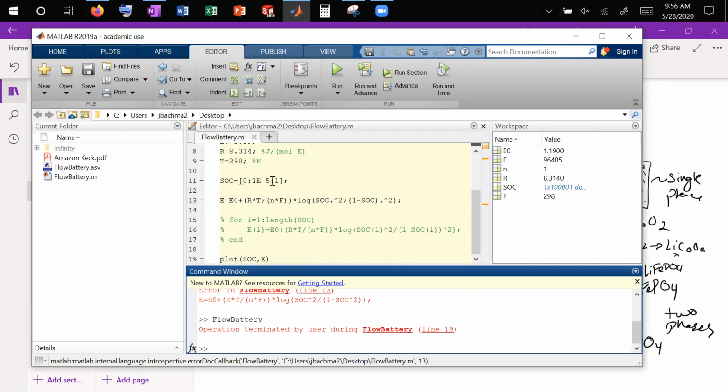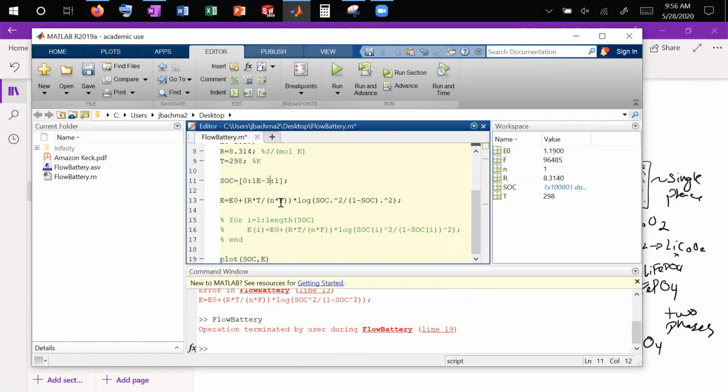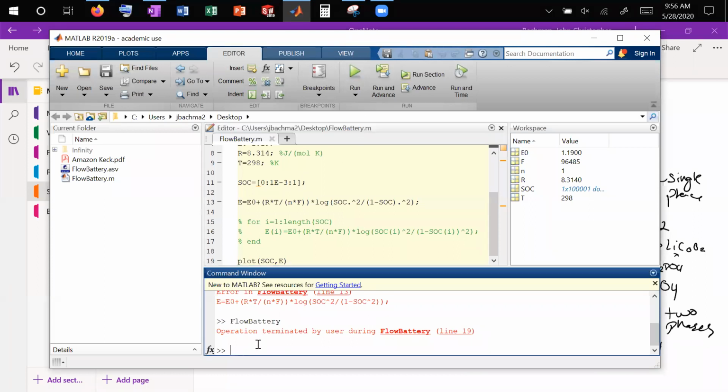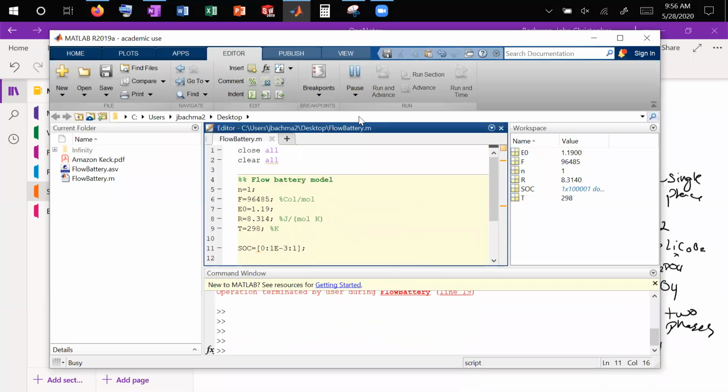So let's start off with a smaller one. Let's do 3, just make sure it actually runs. Why are you not running right now? Oh, there it goes.